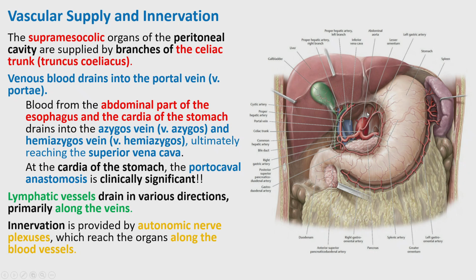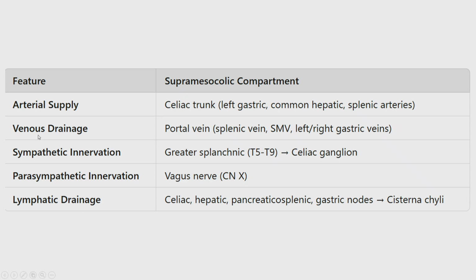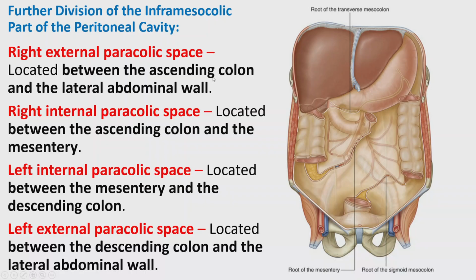Again, be careful: portocaval anastomosis here at the region of the cardia of the stomach and abdominal esophagus. Lymphatic vessels run around the vein, and here is the table that I prepared for quick revision of the blood supply, venous system, autonomic nervous system, and lymphatic drainage of the supramesocolic compartment.